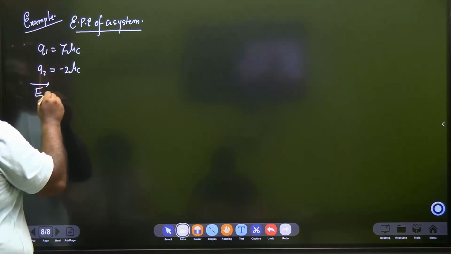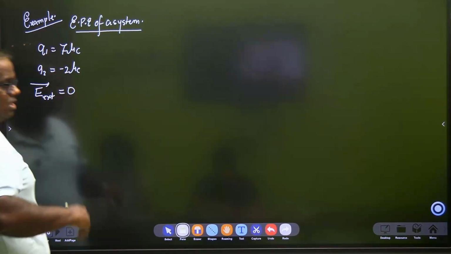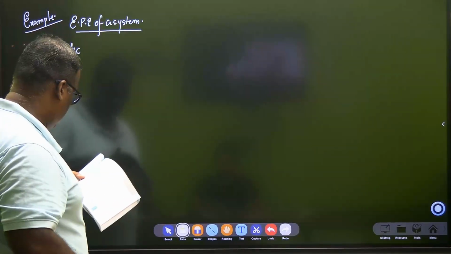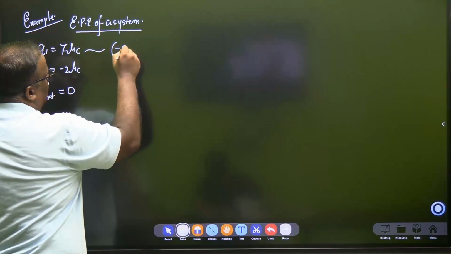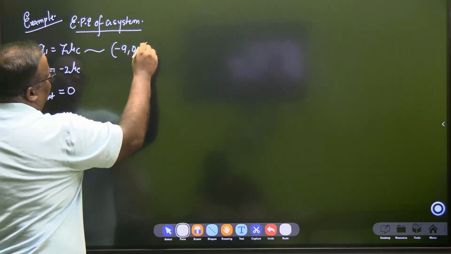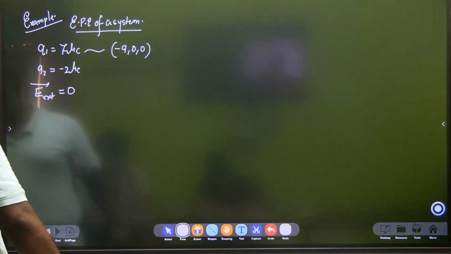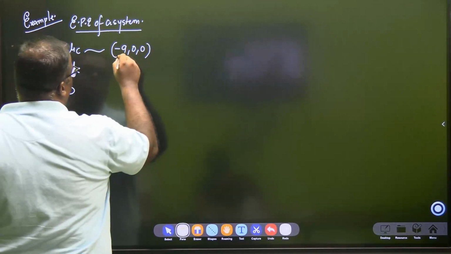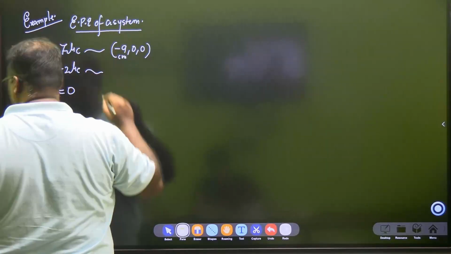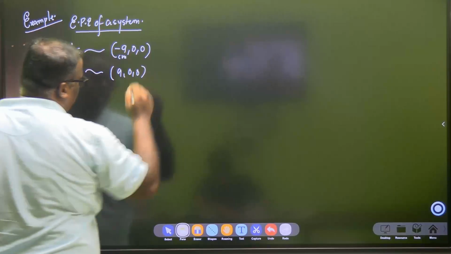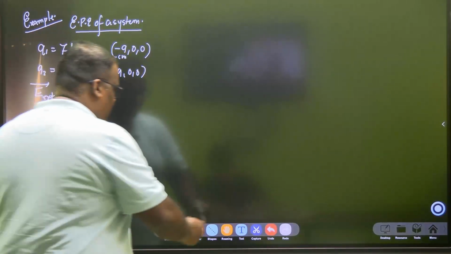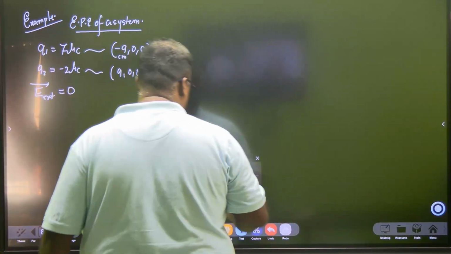E external is equal to 0, which means this is like the first scenario. The position coordinate of this is (9, 0, 0), and the position coordinate of the other is (-9, 0, 0). So children, let's try to visualize our system first.